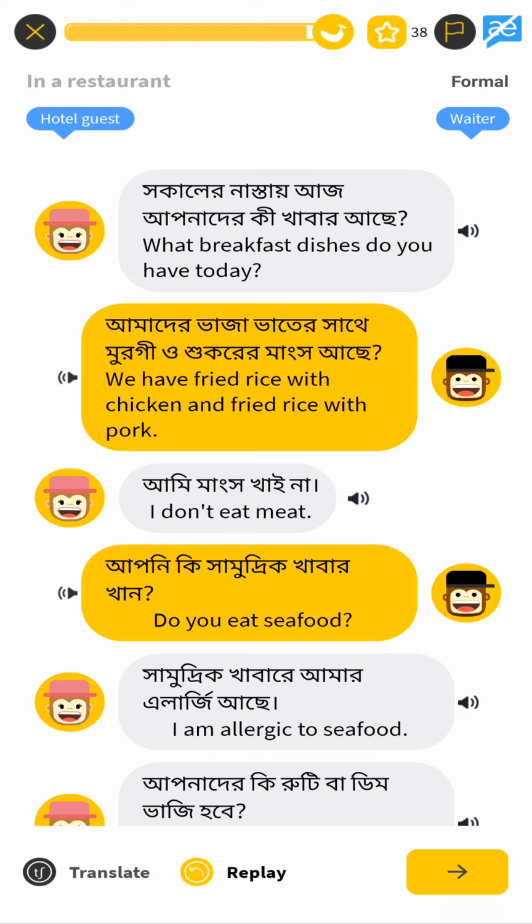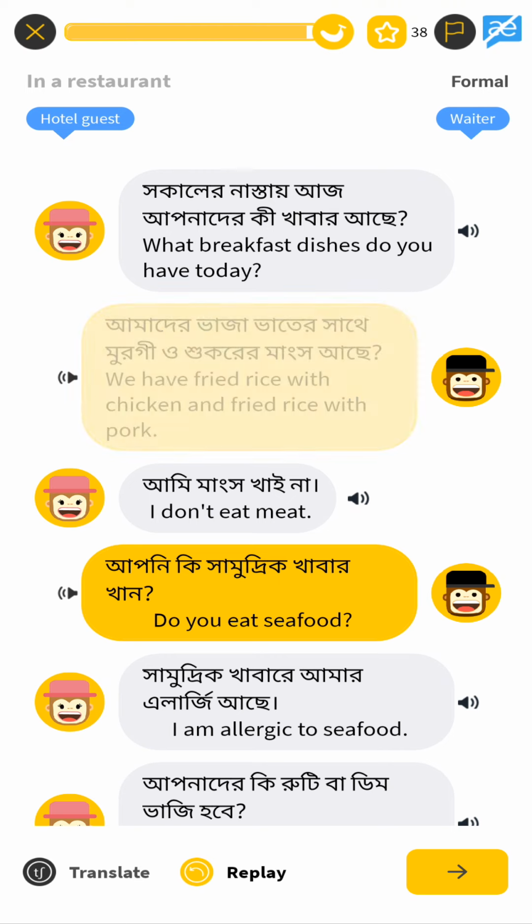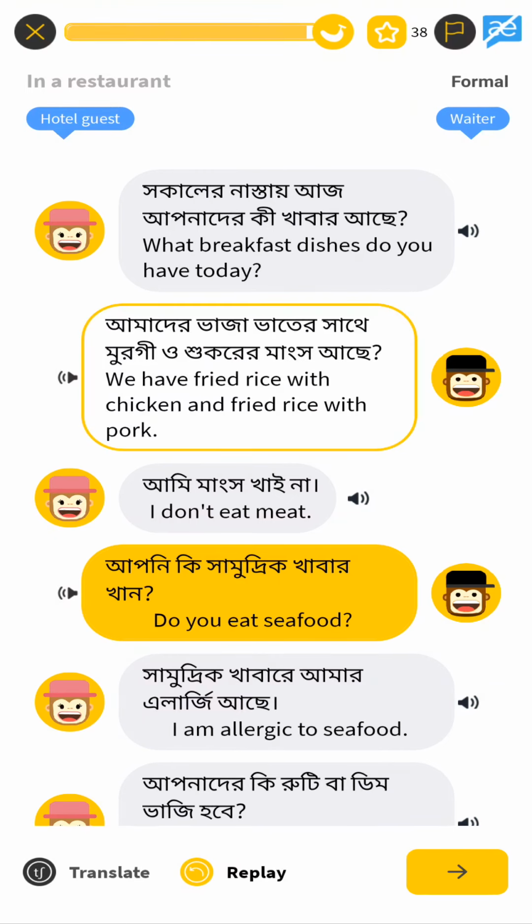I don't know when you would use one and when the other. Murgi o shukarer mangsho. Oh, shukarer mangsho. Pork again?